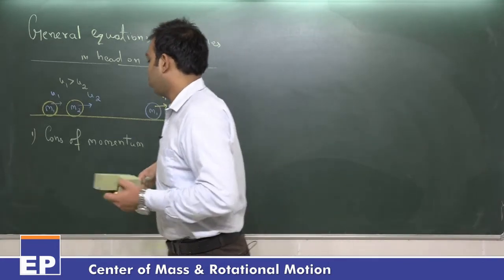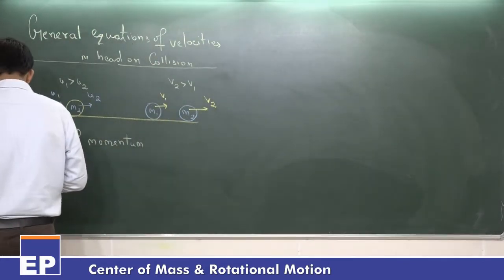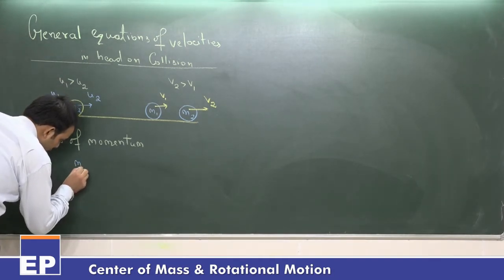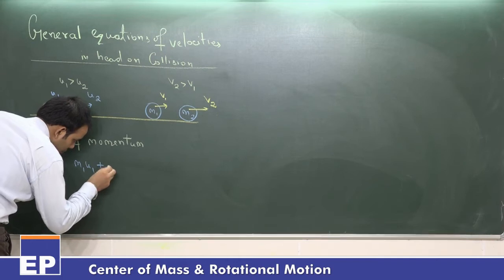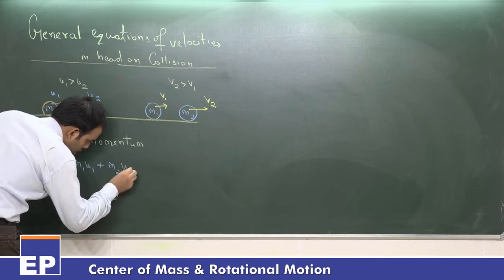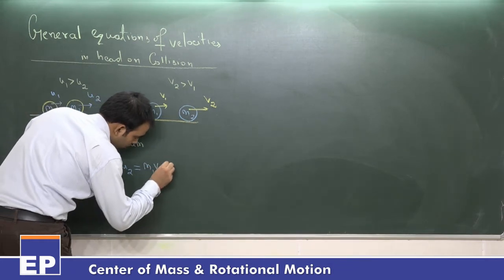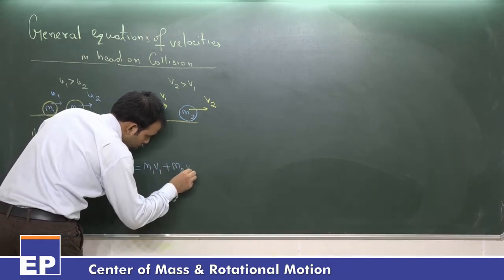So momentum is conserved. So you can say M1U1 plus M2U2 is equal to M1V1 plus M2V2.